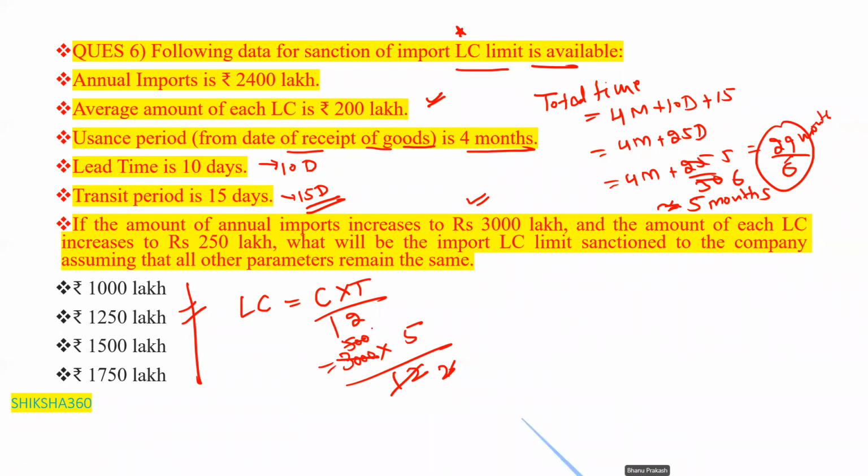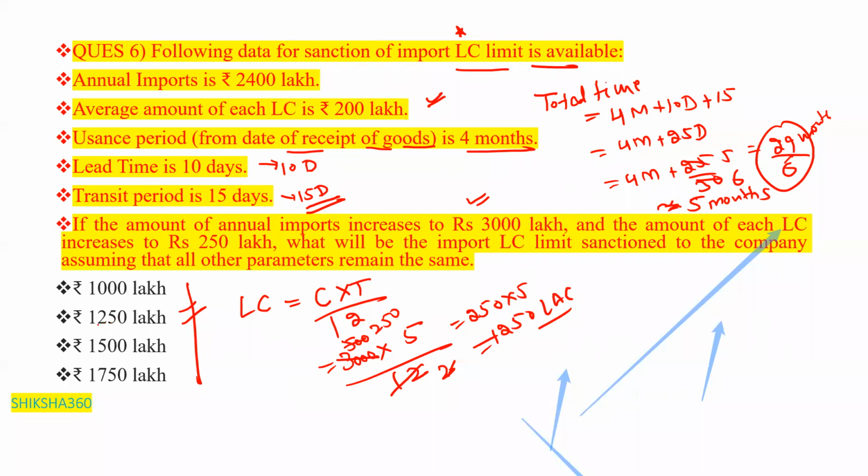So 250 into 5, that is 1250 lakh. So this is the answer. That is 1250 lakh. Option B is the answer.